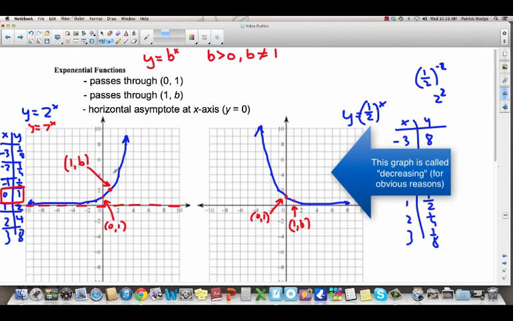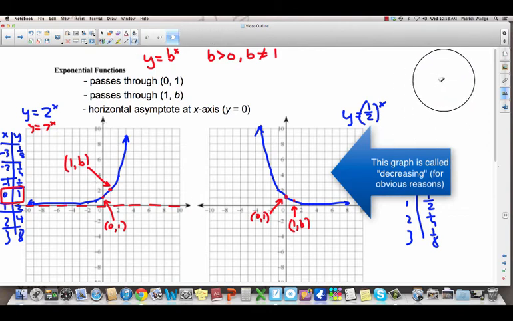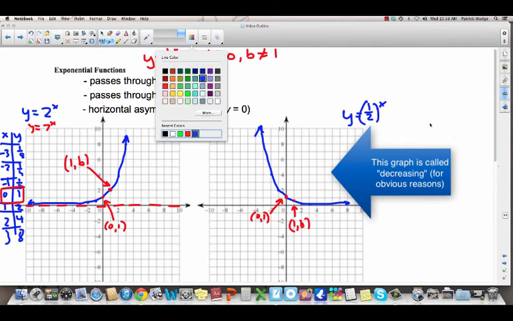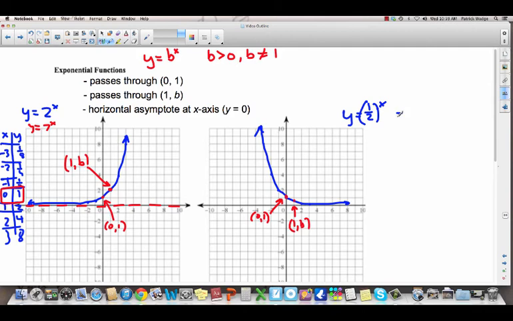Now, if you compare this graph over here and this graph over here, what's the relationship between them? It's a reflection over the y-axis, and that's exactly what we would expect, because this graph right here is exactly the same as y equals 2 to the negative x. If this negative is a flipping negative, it would flip it to 1 over 2, and then it would be positive x.